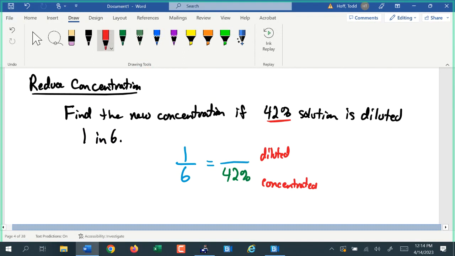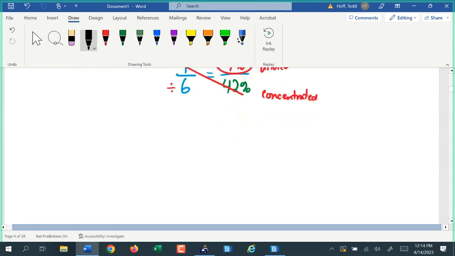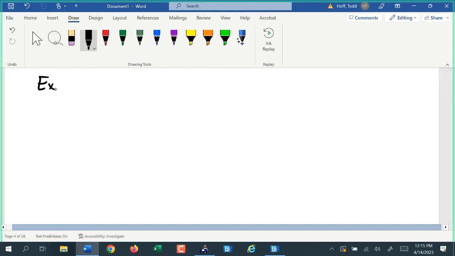And again, as always with a proportion, we cross, multiply, and divide. So 1 times 42 divided by 6 gives us 7% will be the new solution after it is diluted. Another application for these dilutions was in testing. So let's say we have a sample of blood that exceeds the meter limits.